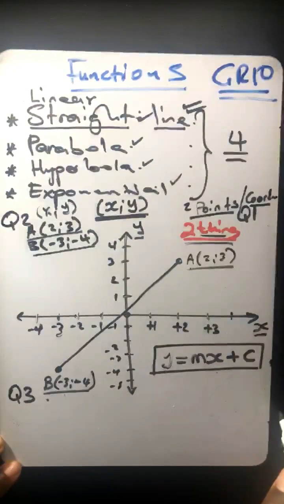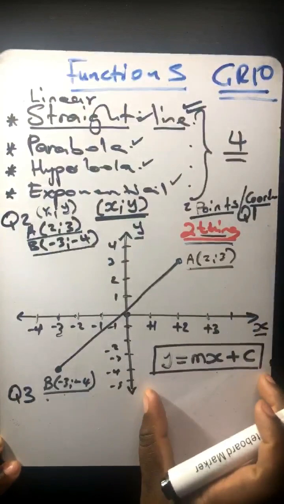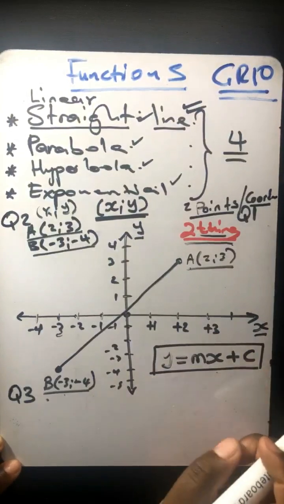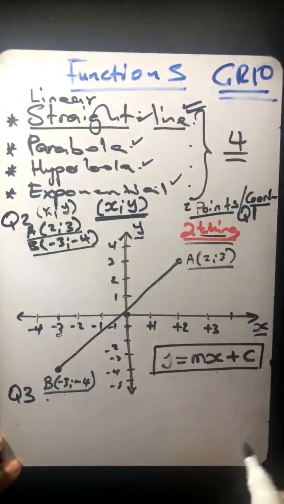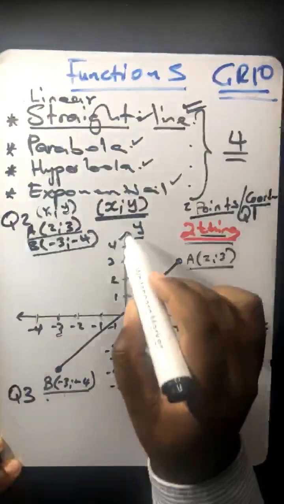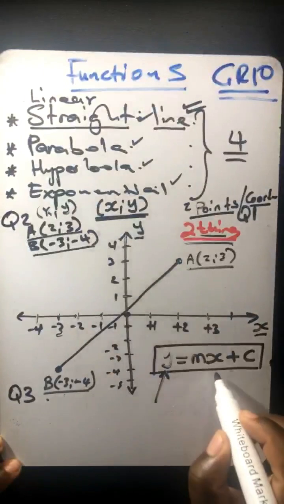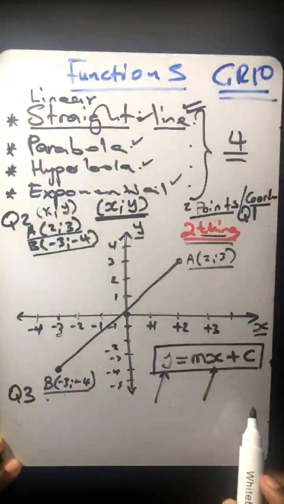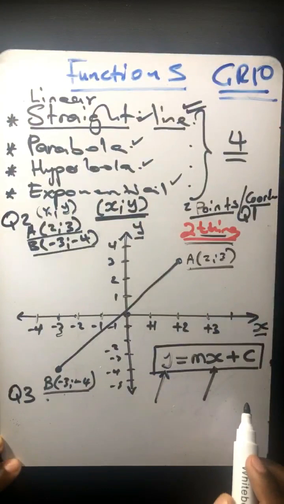So this is the general formula for calculating a straight line: y is equal to mx plus c. This is the general formula for deriving an equation of a straight line. So y is the y from that y axis, and x is the x from that x axis.